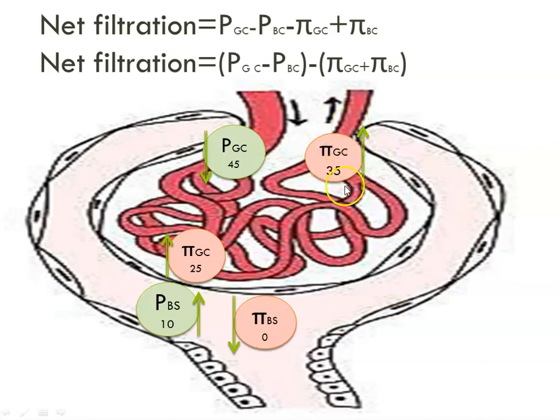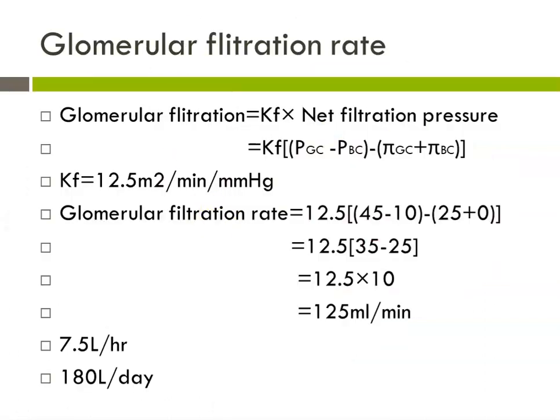So, towards the efferent arteriole, the oncotic pressure increases to 35 mmHg. Only the oncotic pressure changes from the afferent arteriole to the efferent arteriole, but the hydrostatic pressure remains the same in the afferent arteriole and also in the efferent arteriole.